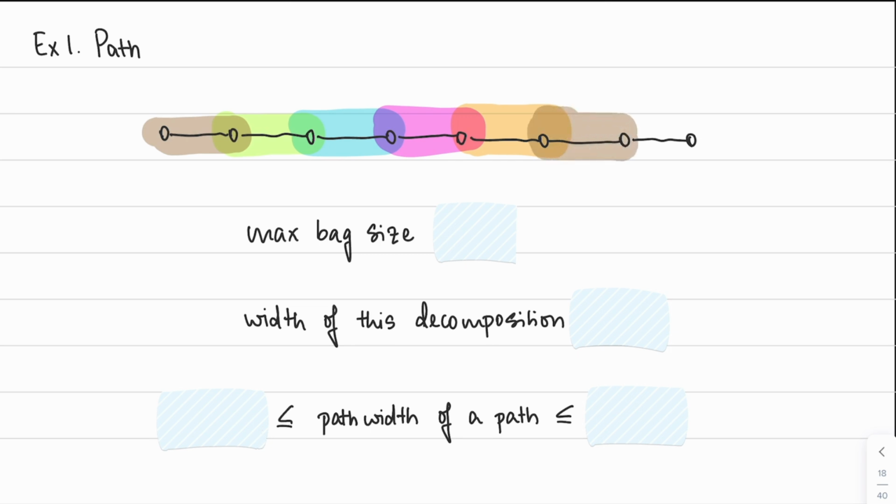And here's the last bag. So you can see that the union of all the bags indeed contains all the vertices, and that every edge is fully represented by some bag. Indeed, the way we designed this decomposition was to pick up one edge at a time, going from left to right.